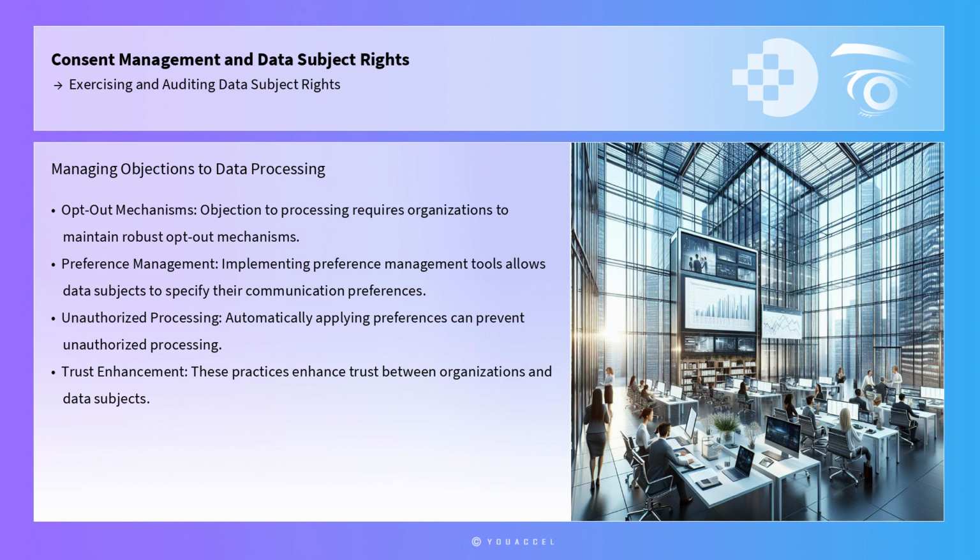Objection to processing, particularly for direct marketing purposes, requires organizations to maintain robust opt-out mechanisms. Implementing preference management tools that allow data subjects to specify their communication preferences and automatically applying these preferences across all marketing activities can prevent unauthorized processing and enhance trust.